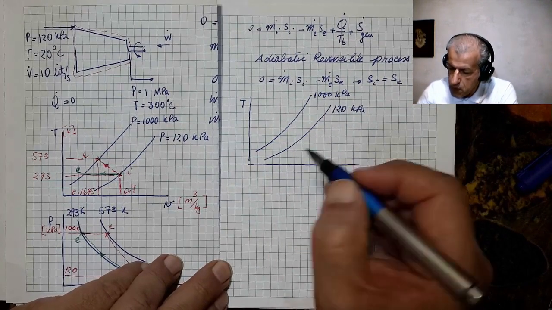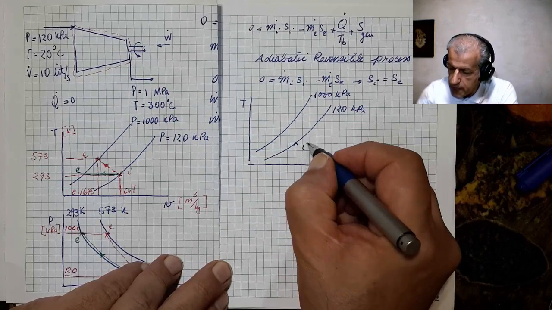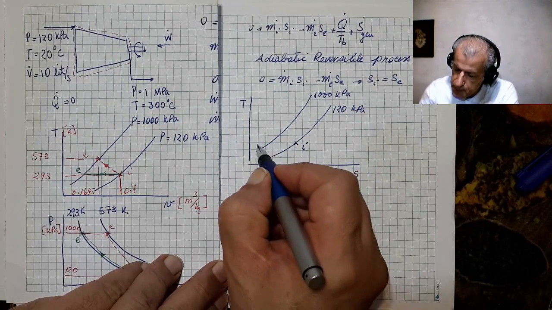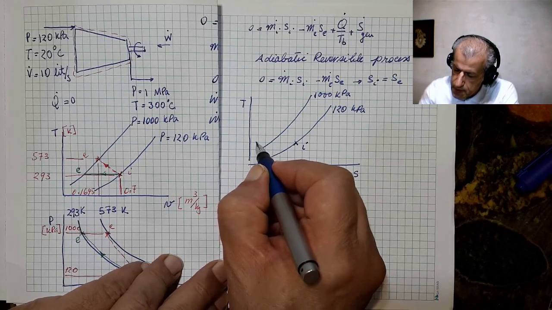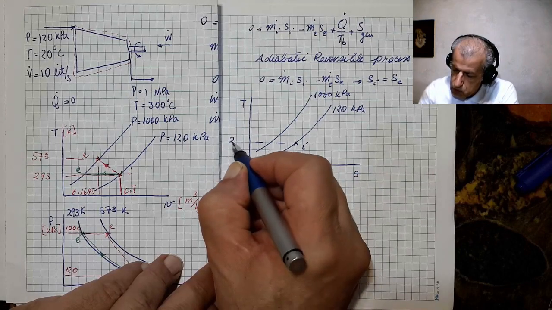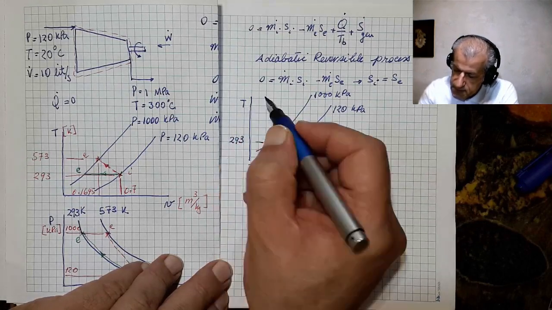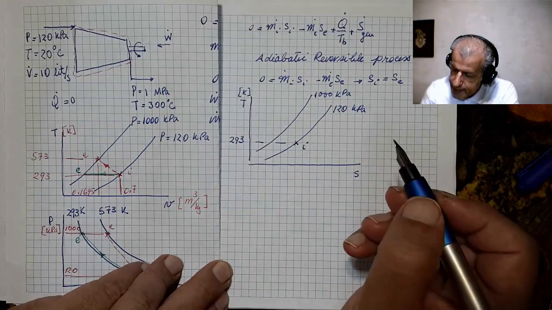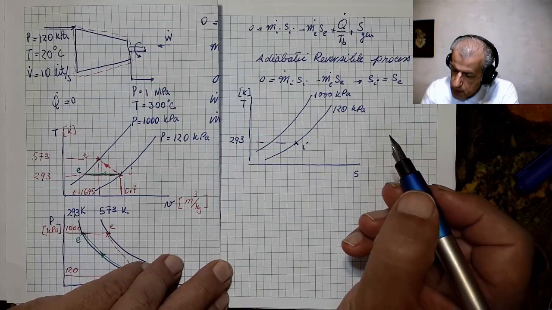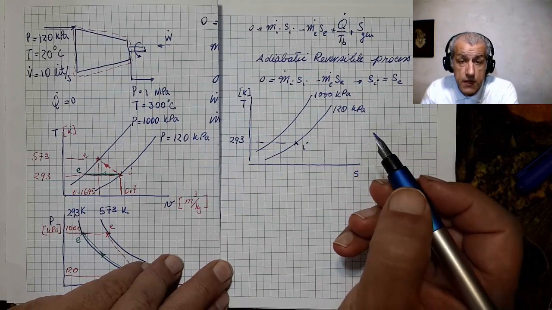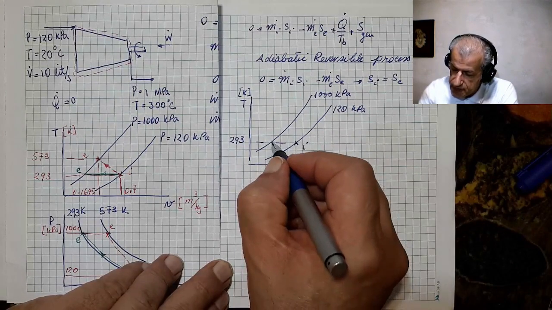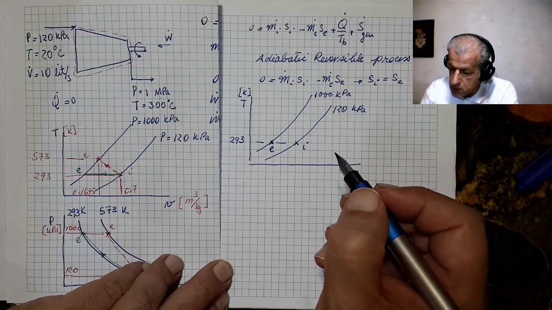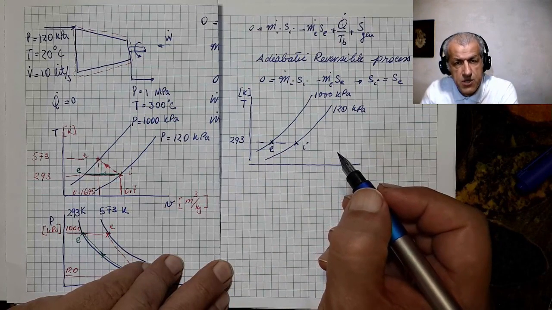Now, our initial point I is here, where the temperature is 293 Kelvins. At least we know for the isothermal process that the final point is here. So E for the isothermal process would be here at the same temperature.